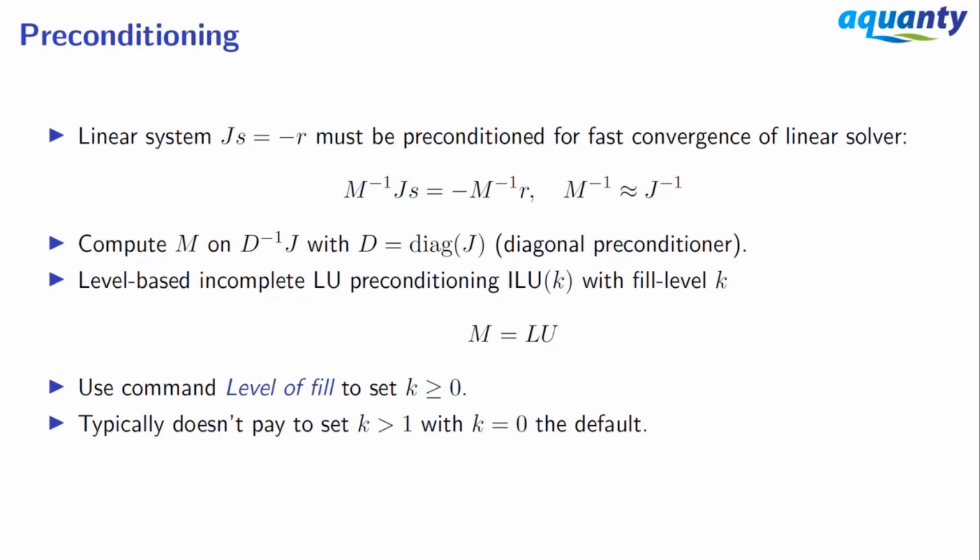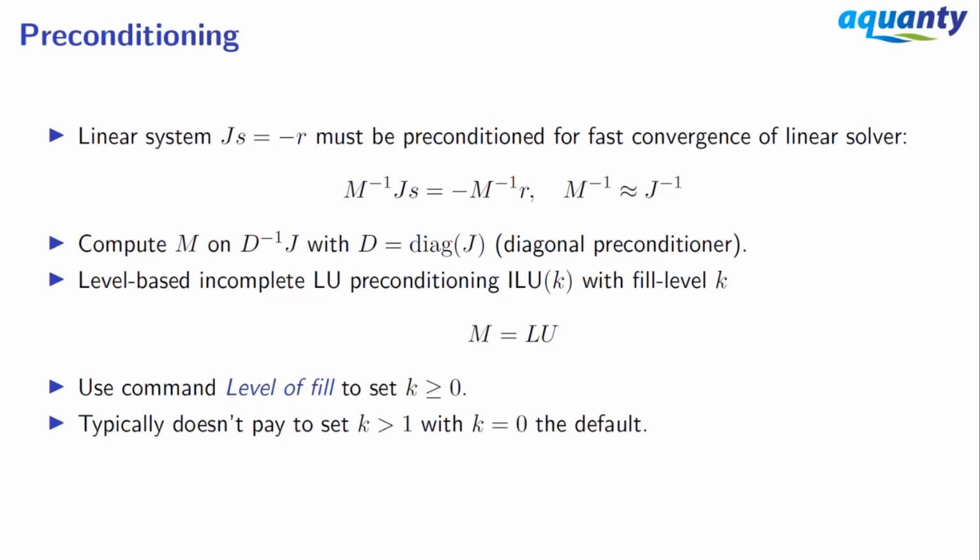In order to obtain fast convergence of the linear solver, the Jacobian linear system must be preconditioned. By default, HGS always applies a diagonal preconditioner. And then on top of that, it uses a level-based incomplete LU preconditioner, or ILUK, with a fill level K. The default is to use a fill level of 0, and it typically doesn't pay to set the fill level much higher than that.